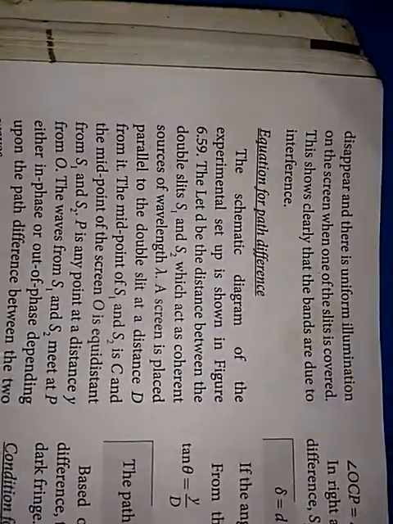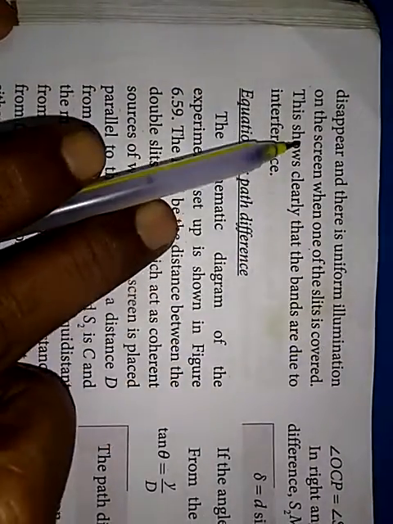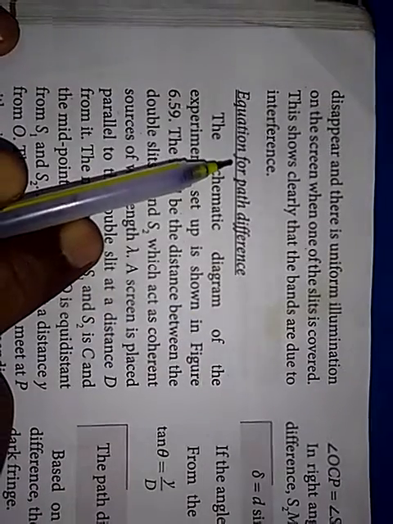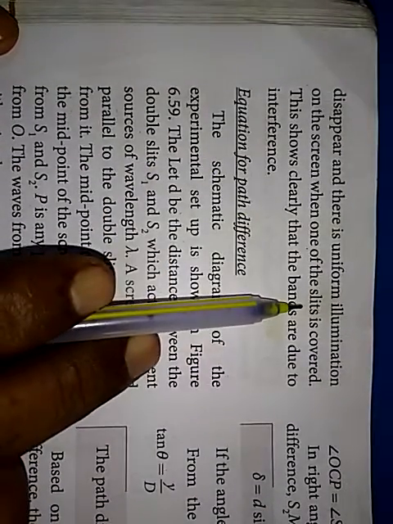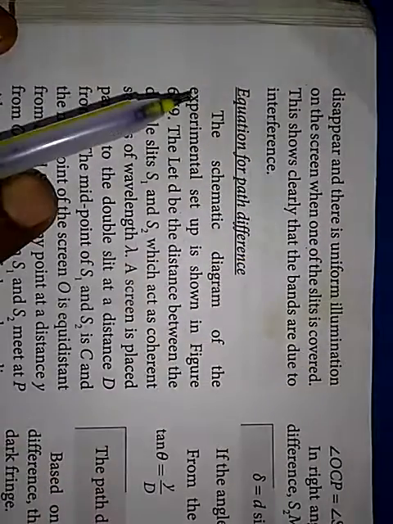The fringes disappear and there is uniform illumination on the screen when one of the slits is covered. Suppose you cover one of the slits, there is uniform illumination. This shows clearly that the bands are due to interference.